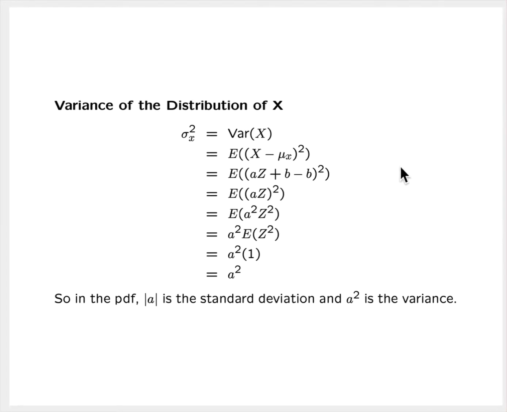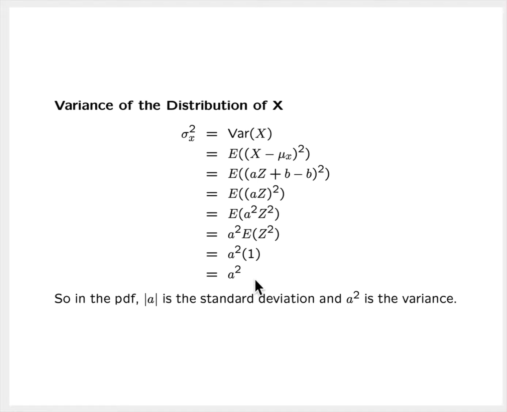Finding the variance of the distribution of X, again, going through these steps where we write out what the variance represents, it's the second central moment, and then replacing X by its representation in terms of Z, and also the fact that we now know that the mean of the distribution of X is equal to B, we get simplification here, and we find out that the variance of the distribution of X is A squared.